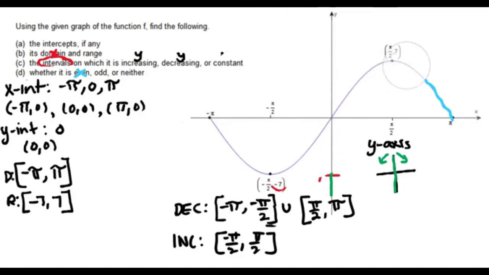So the other type of symmetry is origin symmetry. Let's take a look at what origin symmetry would be like. So I'm drawing the axes, and the x-axis and the y-axis cross at this point, which we call the origin. And when you have origin symmetry, you would have a graph that has a mirror image in the opposite quadrant.